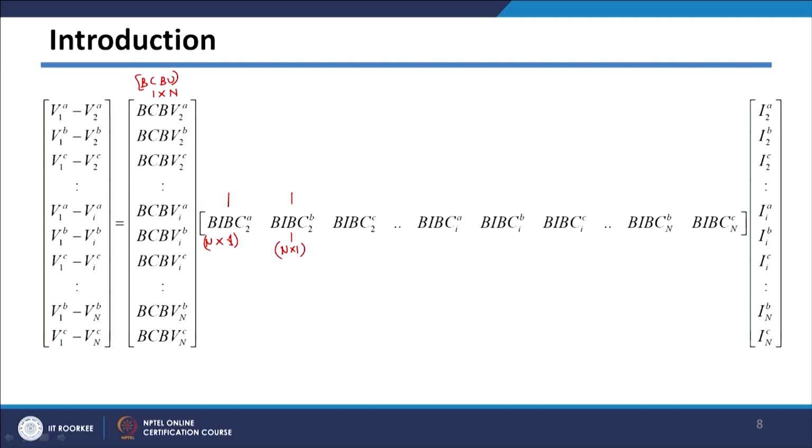So, there will be one row and n columns in this matrix, and this is your BIBC, as I told you, and this is your I node. So, in short circuit analysis, we are going to use this nomenclature of BCBV and BIBC matrices for the corresponding fault analysis.